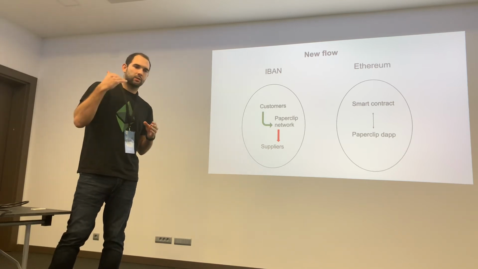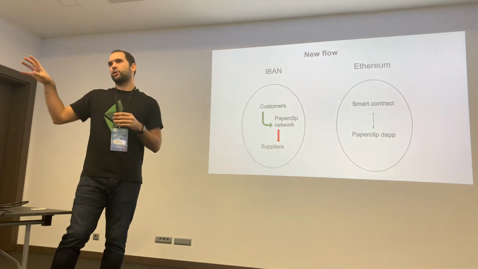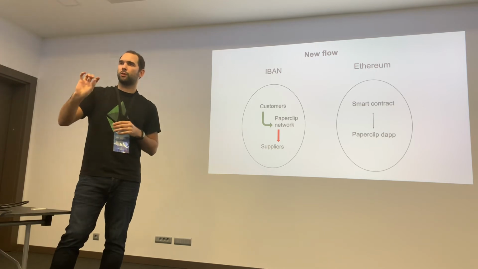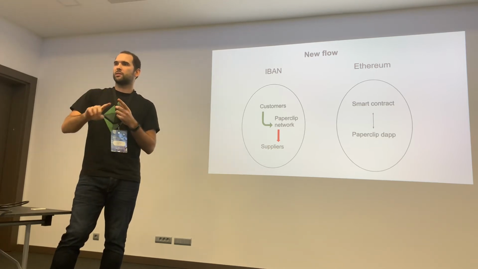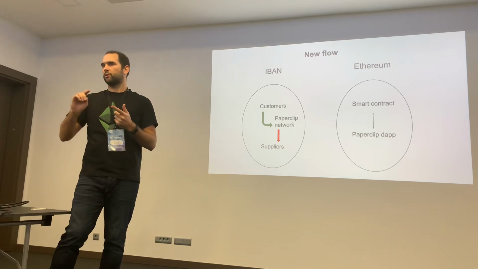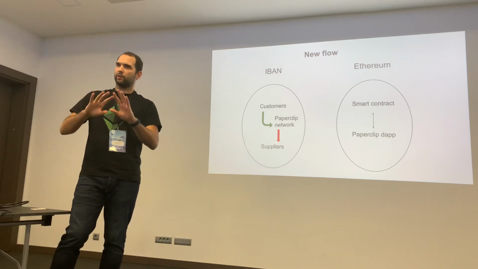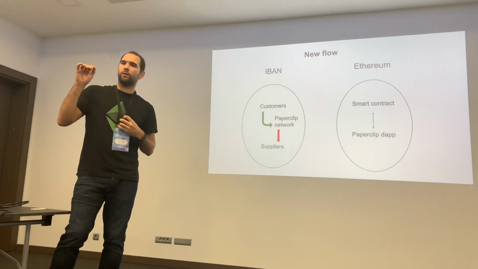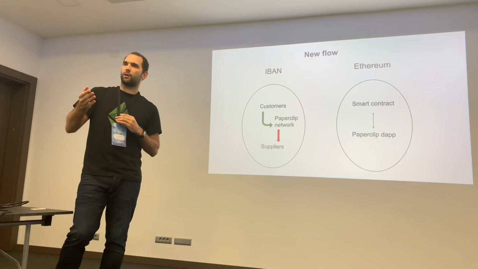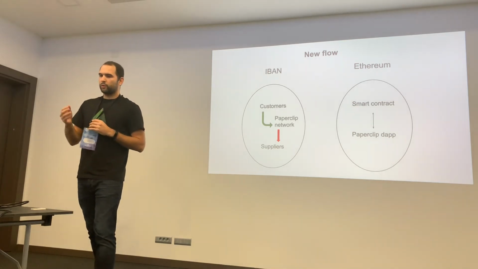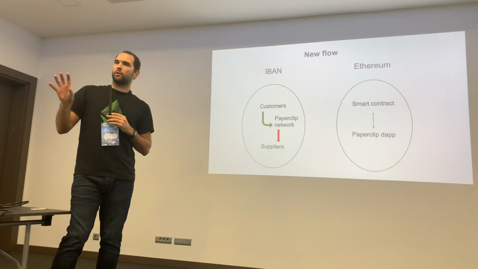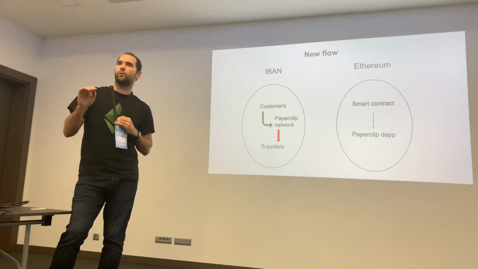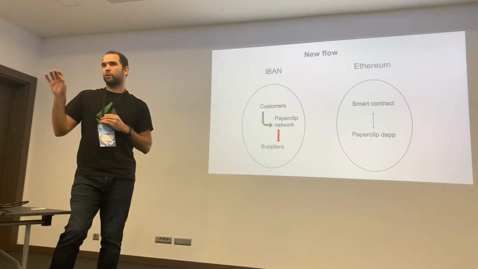What happens is, first of all, the smart contract will send Paperclip the information: there is this customer who wants to pay us for this kind of service. It's already whitelisted, everything is okay. Then we will see the bank of the customer, find the nearest node to this bank, and provide their IBAN account to the smart contract that sold the service.